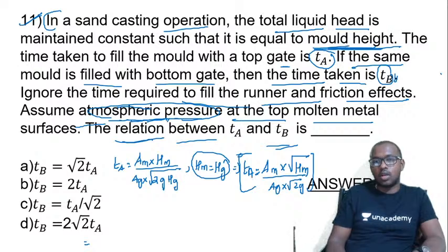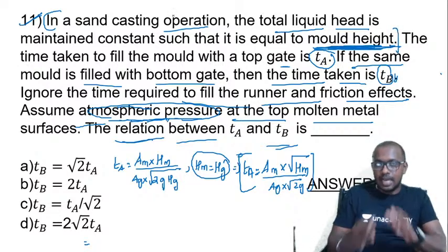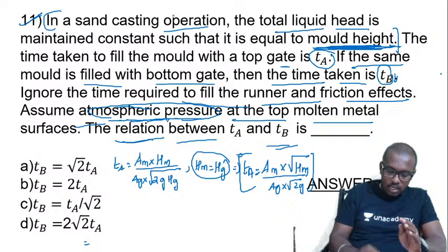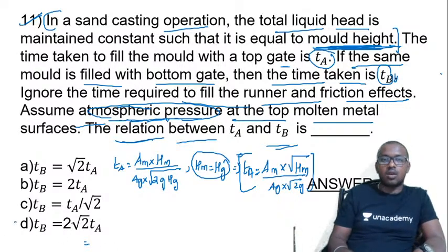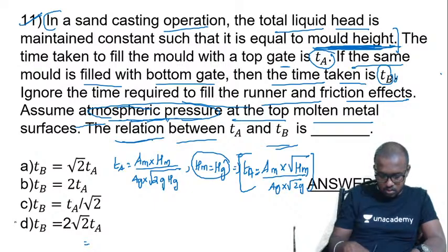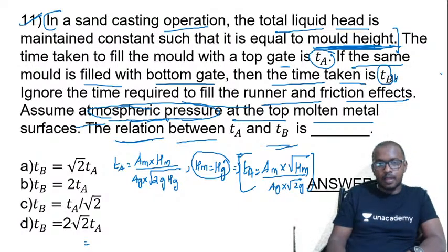Look at the first line: in the sand casting operation, the total liquid head is maintained constant such that it is equal to the mold height. I believe you have understood this, and I have written these points in your note. Let's move on to the second, if the same mold is filled with the bottom gate.